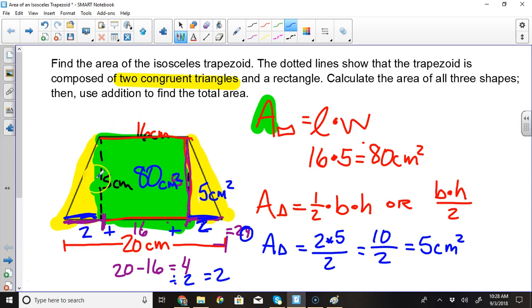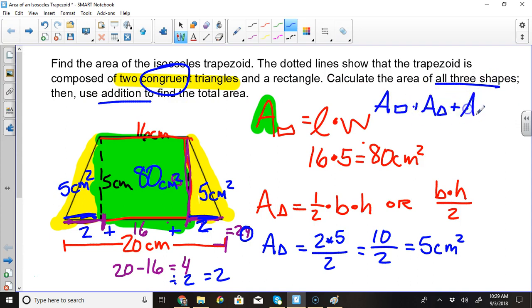And because this triangle and this triangle were congruent, I know that this is also 5 centimeters squared. So for this situation, the area of all 3 shapes added together, right? Area of the rectangle plus the area of a triangle plus the area of a triangle is going to be 80 plus 5 plus 5, which is 90 centimeters squared.